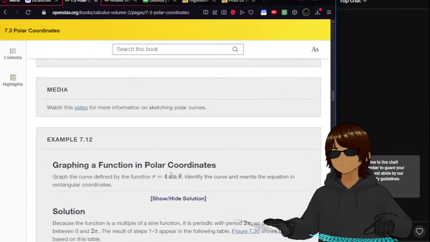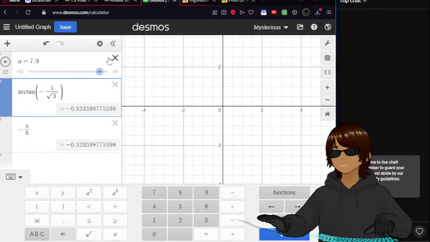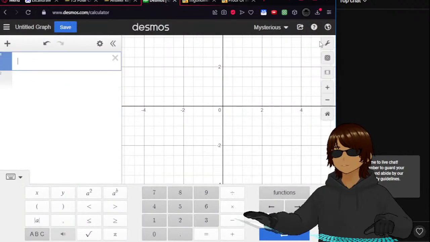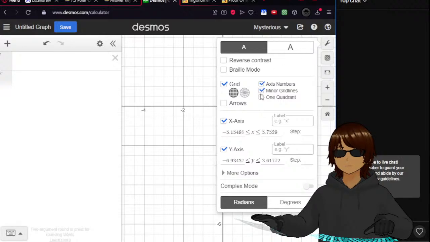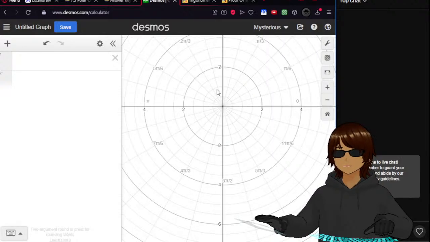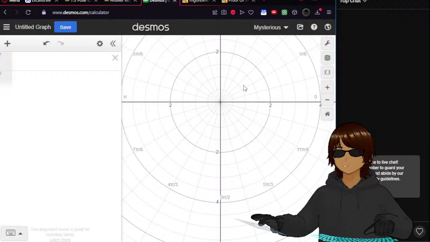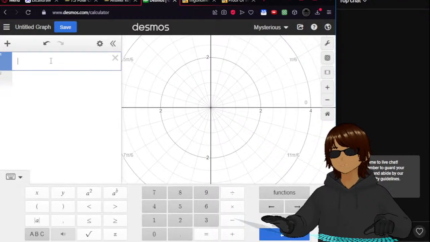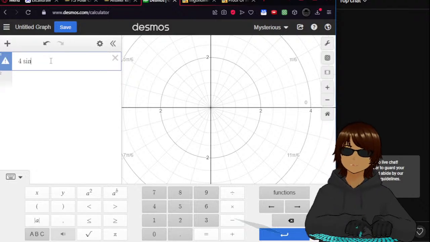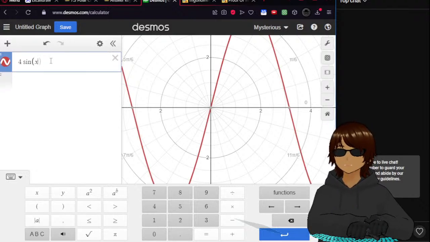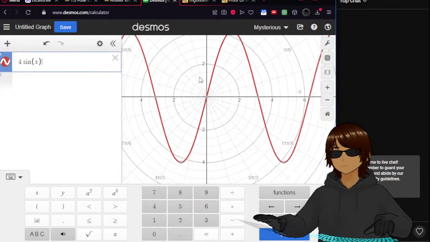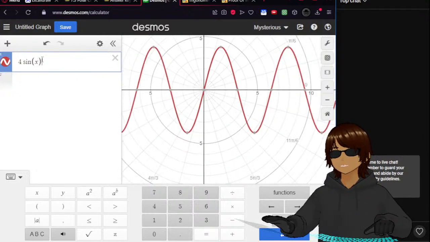Okay, let's see for sine theta. Can I change this to polar? Minor grids, yeah. And then I can do for sine x, for sine theta.